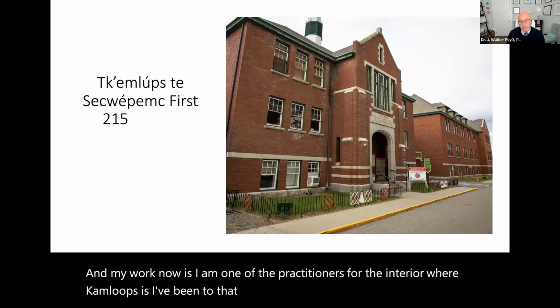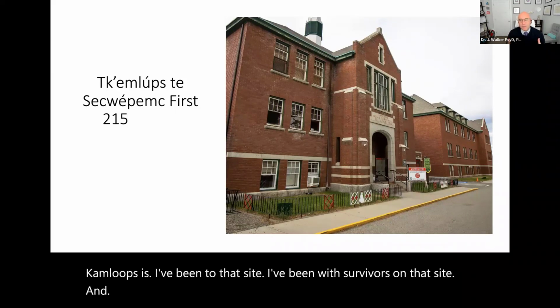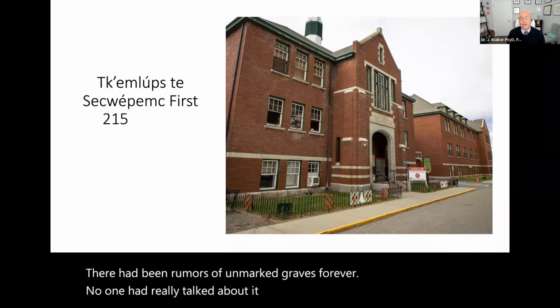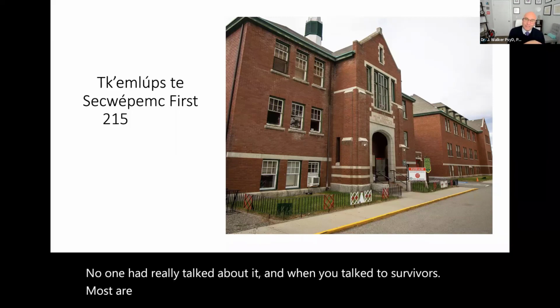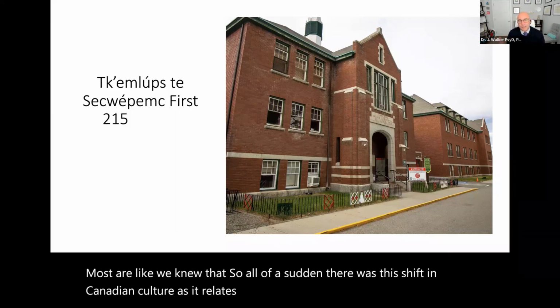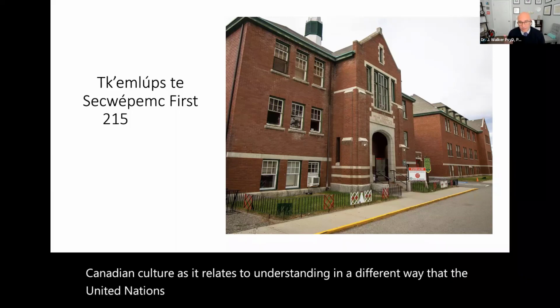I've been with survivors on that site. And there had been rumors of unmarked graves forever. No one had really talked about it. And when you talk to survivors, most are like, yeah, we knew that. So all of a sudden, there was this shift in Canadian culture as it relates to understanding in a different way what the United Nations has called cultural genocide in Canada.